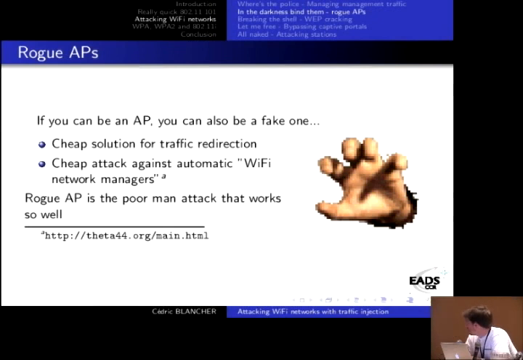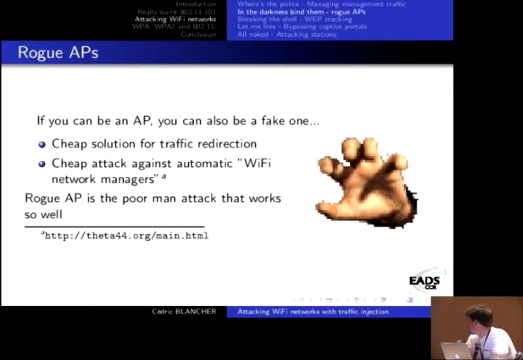AP. Recently, there was a lot of work against Wi-Fi network managers. So if you have Windows XP or Macintosh, you have just a little program that allows you to choose which wireless network you want to connect to, and it can be set, and is set by default, to an automatic choice.